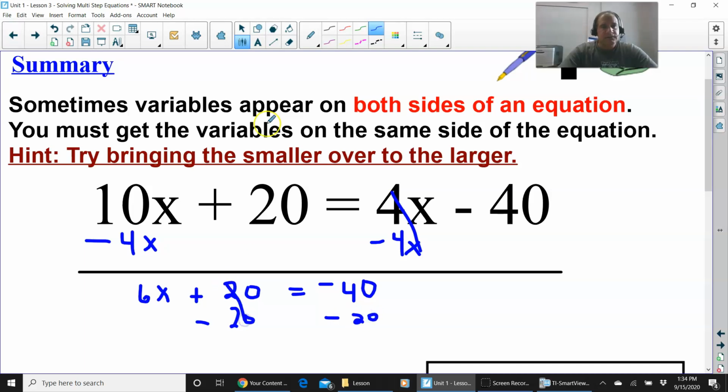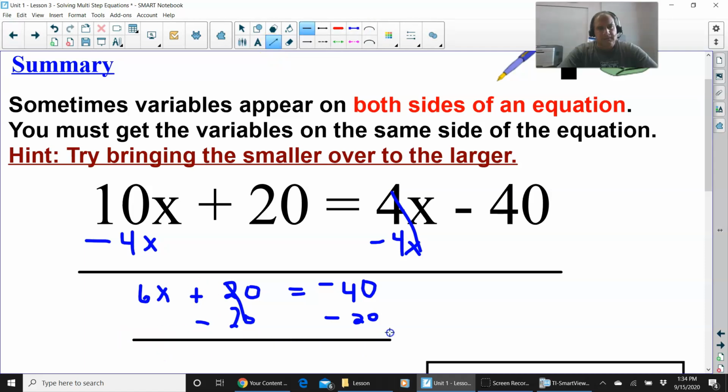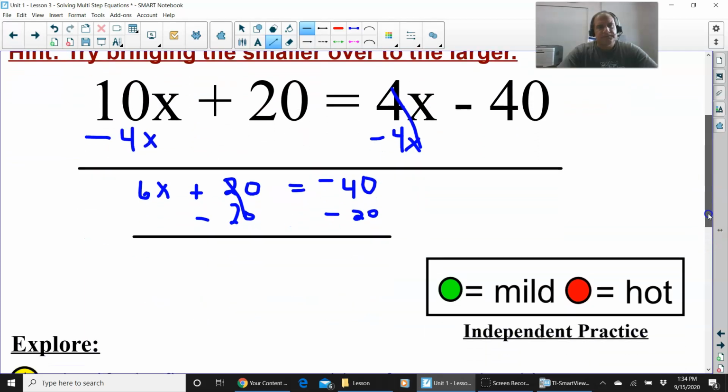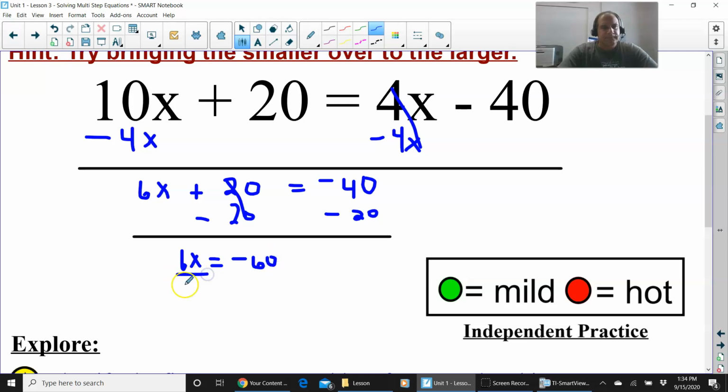This cancels. I'm going to move this down a little bit so you can see. And now you have just 6x equals negative 60. One step that you have to take to isolate the variable, you divide by 6 on both sides. x equals negative 10.